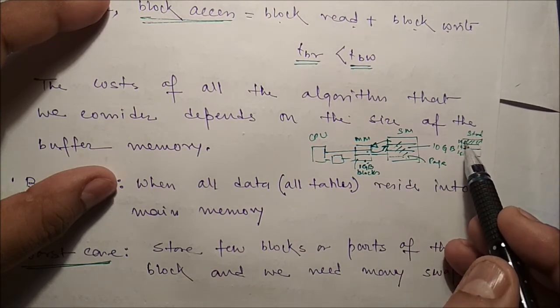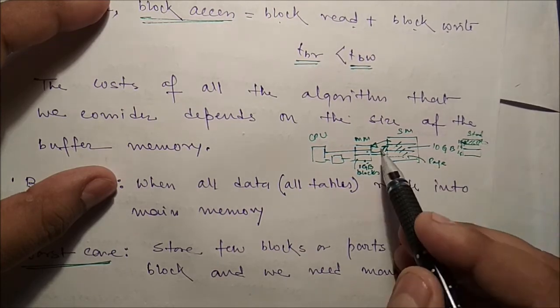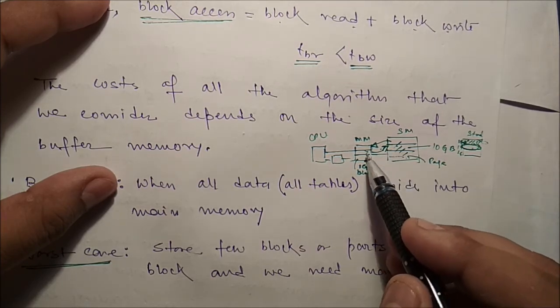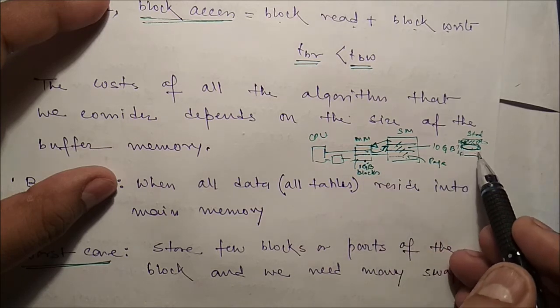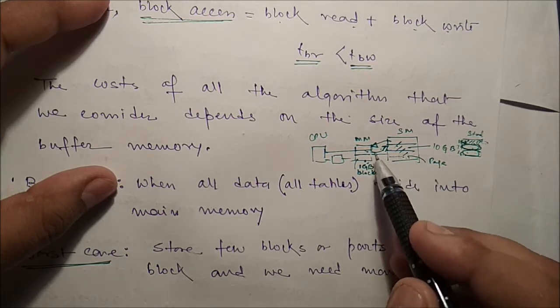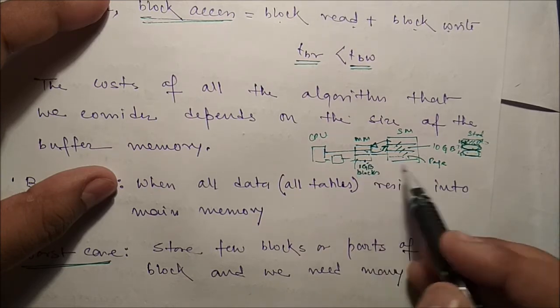First transfer this part into the main memory, then return it back. Then transfer the next part, access it, then return back. Then finally transfer the last part, use it and return back.